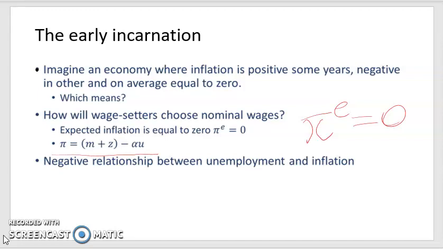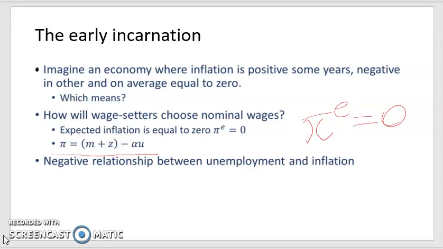Given the expected price level, which workers simply take to be last year's price level, a lower unemployment rate leads to higher nominal wages, and the higher nominal wage leads to a higher price level. Putting the steps together, lower unemployment leads to a higher price level this year relative to last year's price level. That is higher inflation.